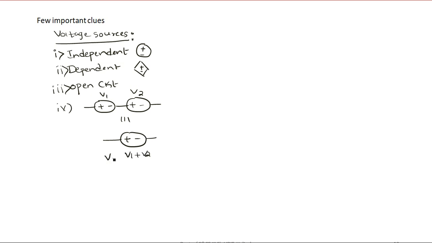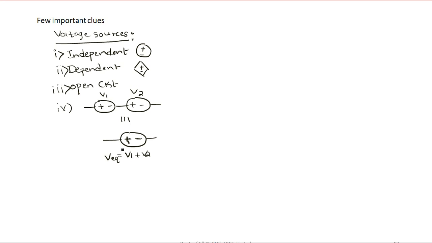I will call this V equivalent. But the question here is you need to understand the polarity, whether we should take plus minus or minus plus. So here no need to worry because we have the same polarity and the same values also. If you assume V1 and V2, okay.